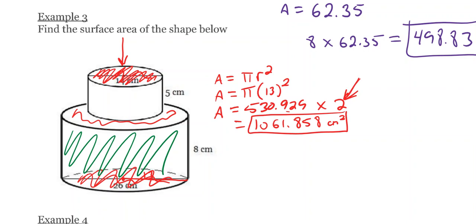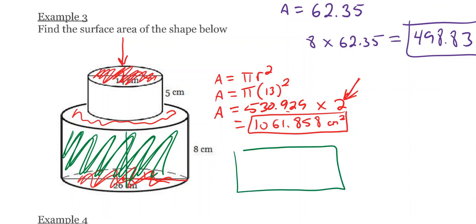Okay, so now let's find the area of the green part I'm shading right now, the outside of that cylinder. Remember that if I unwrap that whole thing, like the label of a can, it would give me a rectangle. The up and down part of that rectangle would be 8, which is the height.